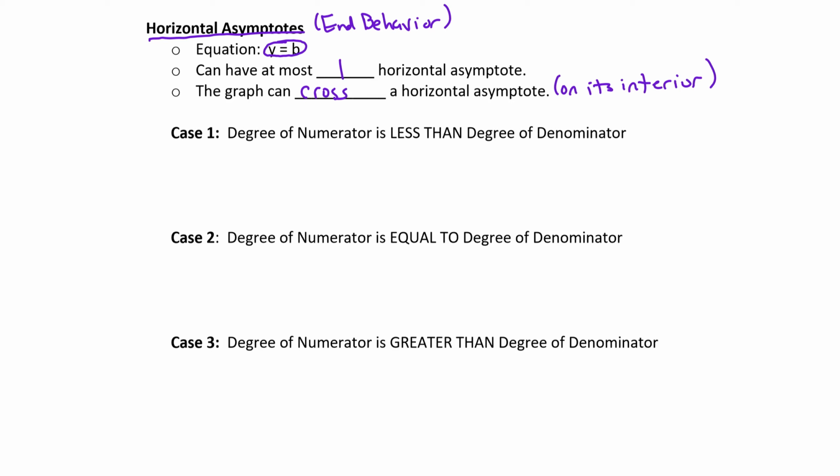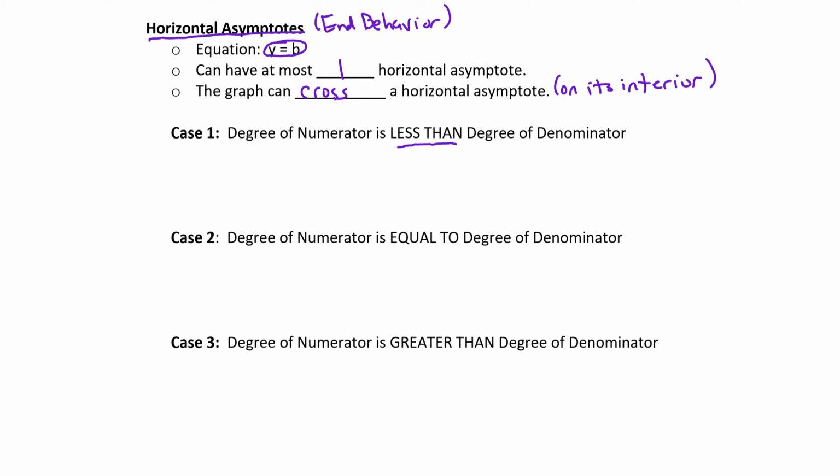So we determine the location of a horizontal asymptote by examining the degrees of the numerator and the denominator. So we have 3 possible relationships between the degrees of the numerator and the denominator. Case 1, the degree of the numerator is less than the degree of the denominator.